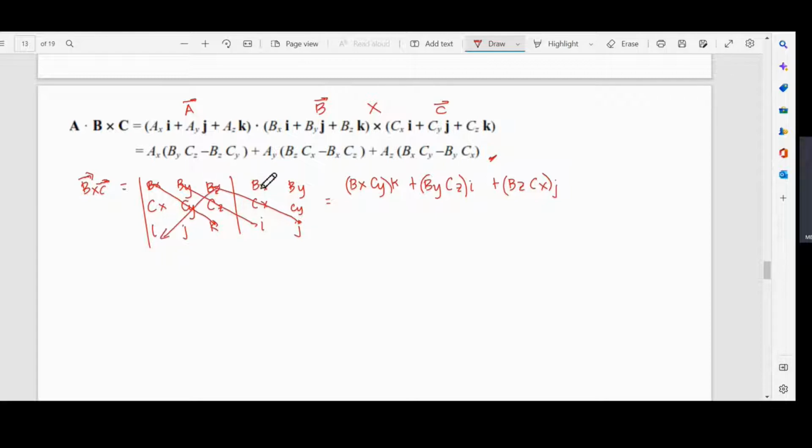Minus natin to. Minus Bz, Cy, I, minus Bx, Cz, J, minus By, Cx, K. Okay.